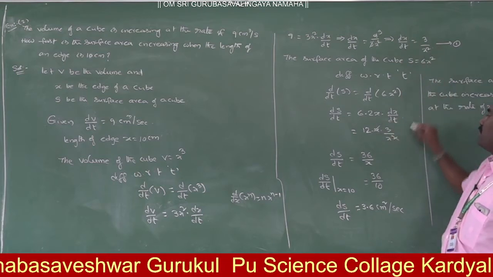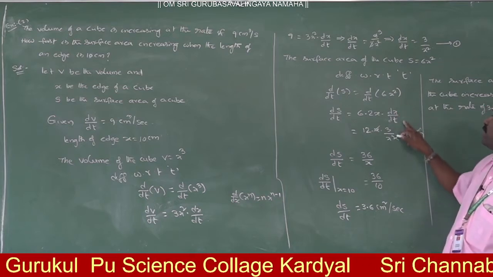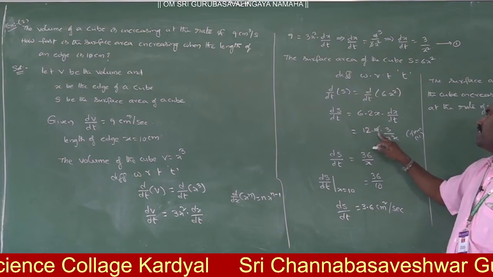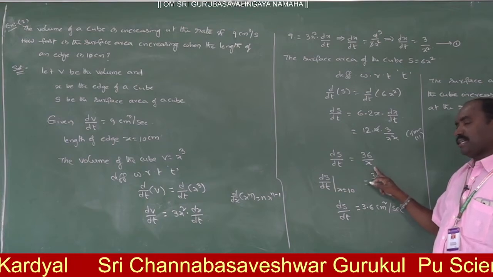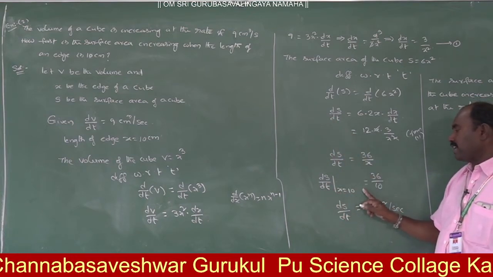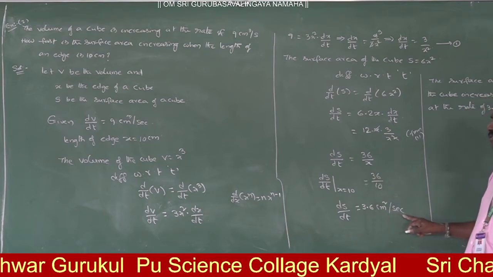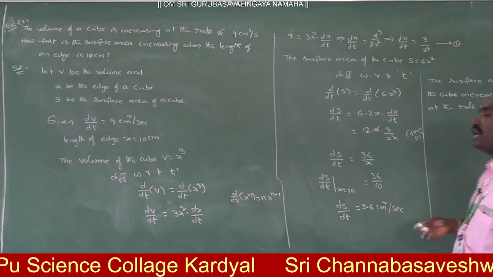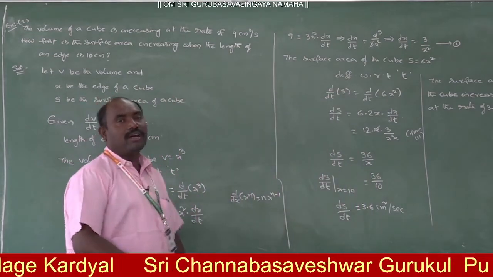From equation 1, dx by dt equals 3 by x square. One x cancels, 6 twos are 12, into x into 3 by x square. X cancels. 12 threes are 36 by x. Here at x equals 10, dS by dt at x equals 10 equals 36 by 10. That value equals 3.6 centimeter square per second. Therefore, the surface area of the cube is increasing at the rate of 3.6 centimeter square per second.